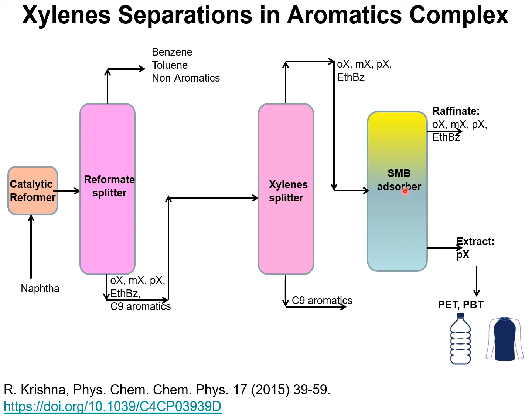There are two major product streams from an SMB adsorber. There's a raffinate, which contains orthoxylene, metaxylene, and ethylbenzene, and an extract phase that contains paraxylene, which is an essential feedstock for producing a wide variety of polymers, including polyethylene terephthalate and polybutylene terephthalate.